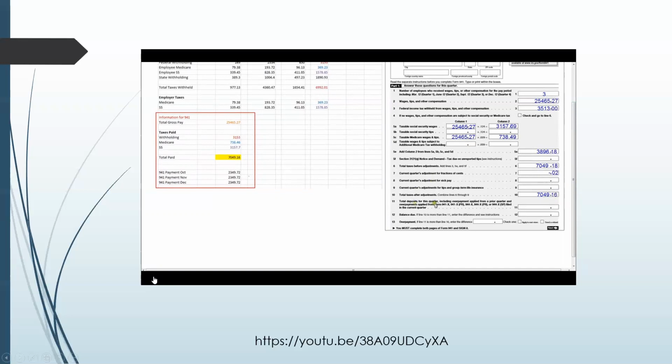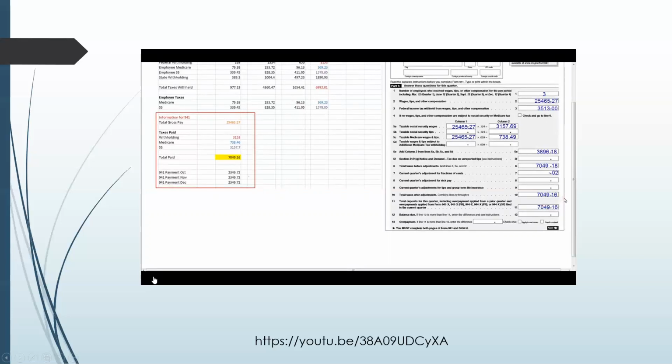So the total deposits for this quarter, including overpayment paid from 941X or 944X, this is basically how much money did you pay? And we paid the $7,049.16. Okay, and that's if you made your deposits on time and if you have truly paid them, which hopefully you have.